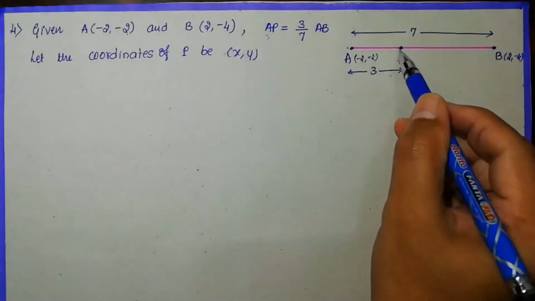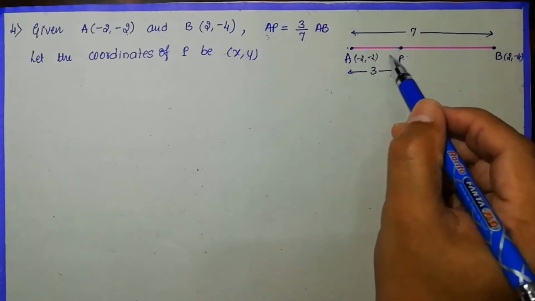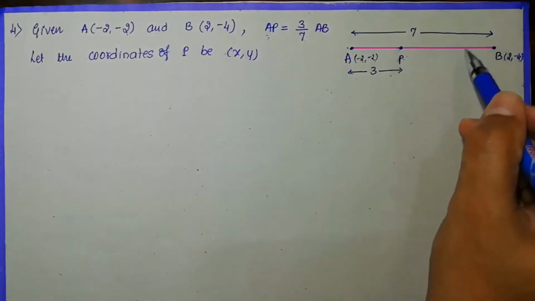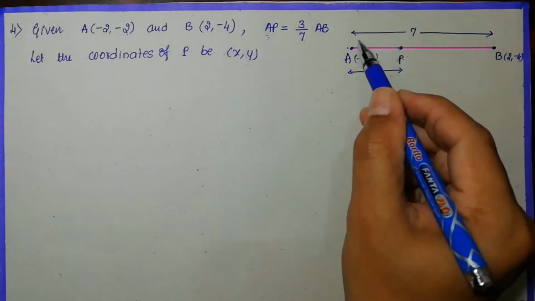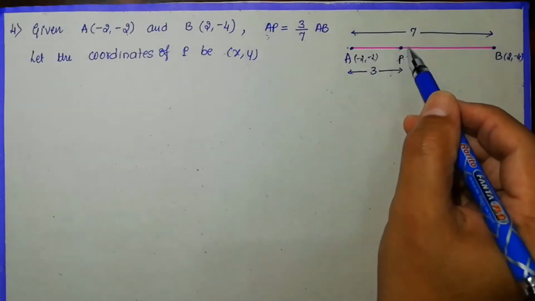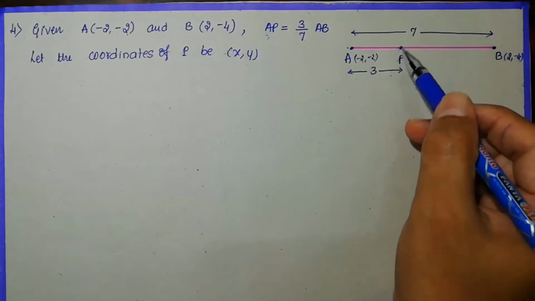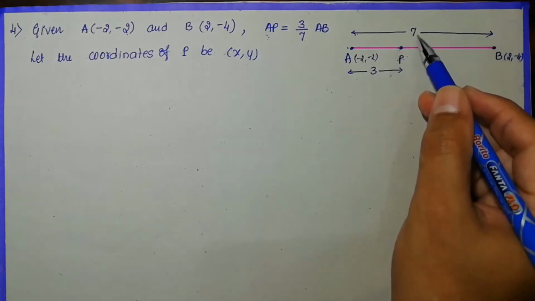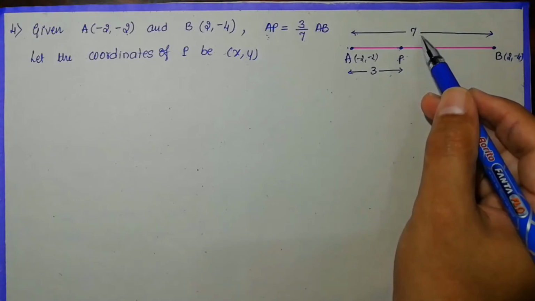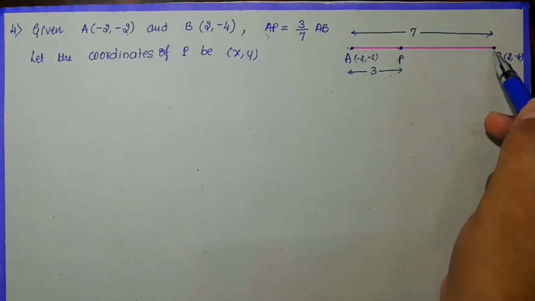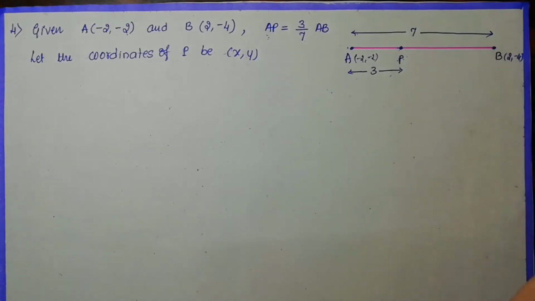In this region 3 equal parts are present. Among the 7 equal parts, 3 equal parts are present from A to P. And how many equal parts are remaining? If you remove 3 from 7, what is the remaining number? 4. So from here to here, 4 remaining parts are present.